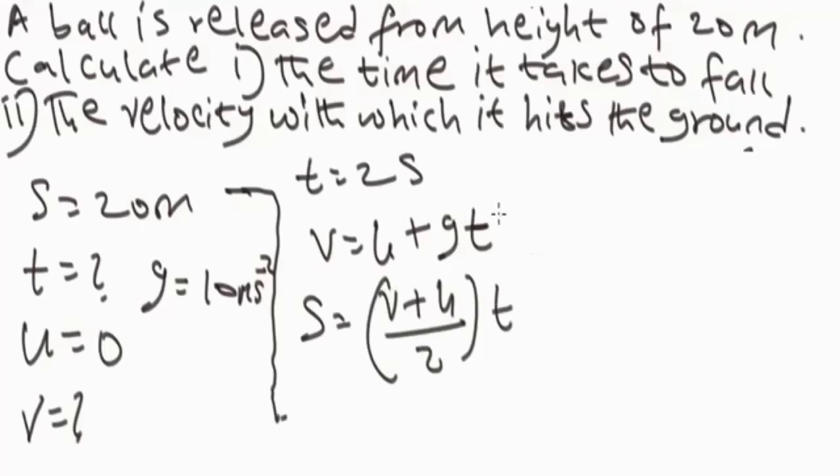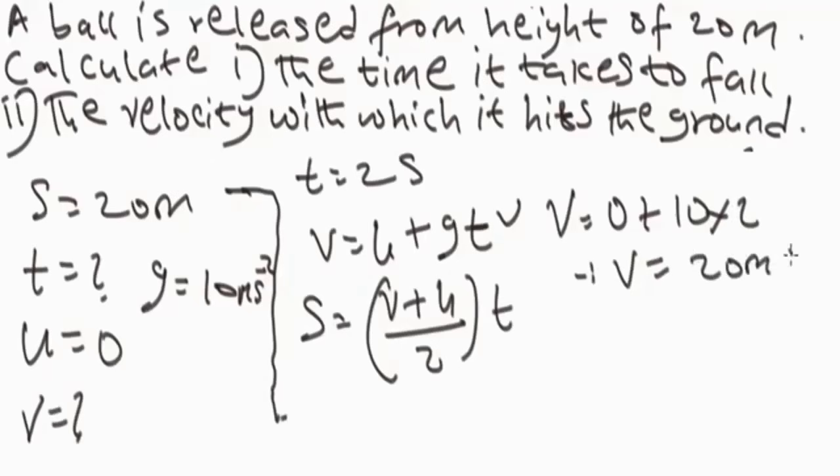Either one will work, but let's use this one first. To find v, the initial velocity is 0 plus our g is 10, times our time, 2. Therefore, the final velocity will be 20 meters per second.